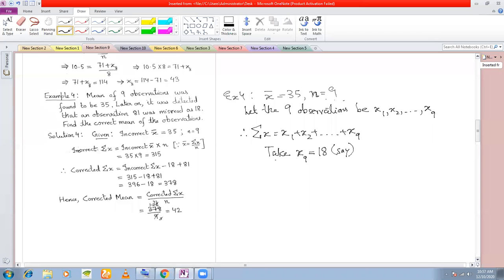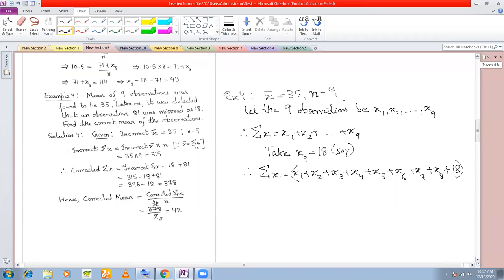Say we have taken x9 as 18. So therefore sigma x becomes x1 plus x2 plus x3, x4, x5, x6, x7, x8, and finally x9 is 18.